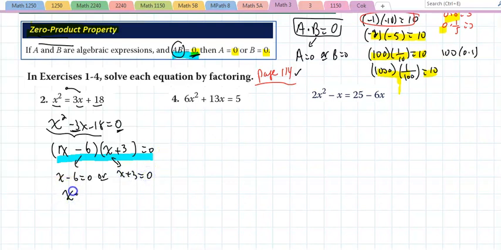And if I solve this, x would be 6, or x would be negative 3. So, generally speaking, of course that's not always the case, a power of 2 can get you at most 2 solutions. You could get less than that, but in general that's what you get.